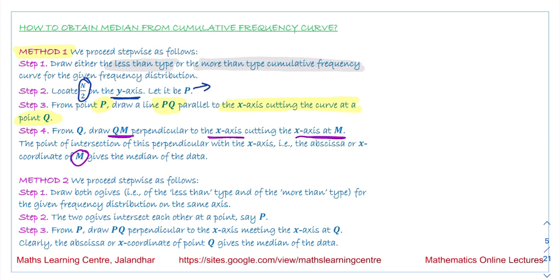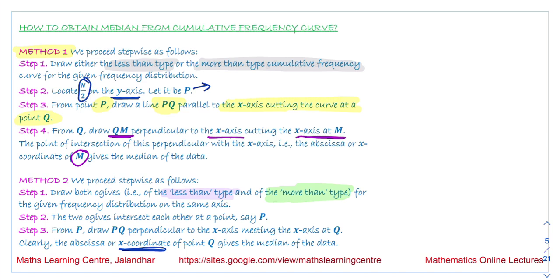The second method is that we draw both the Ogives, the less than type as well as the more than type. The point where these two Ogives intersect, the corresponding point on the x-axis, will give us the median of the data.